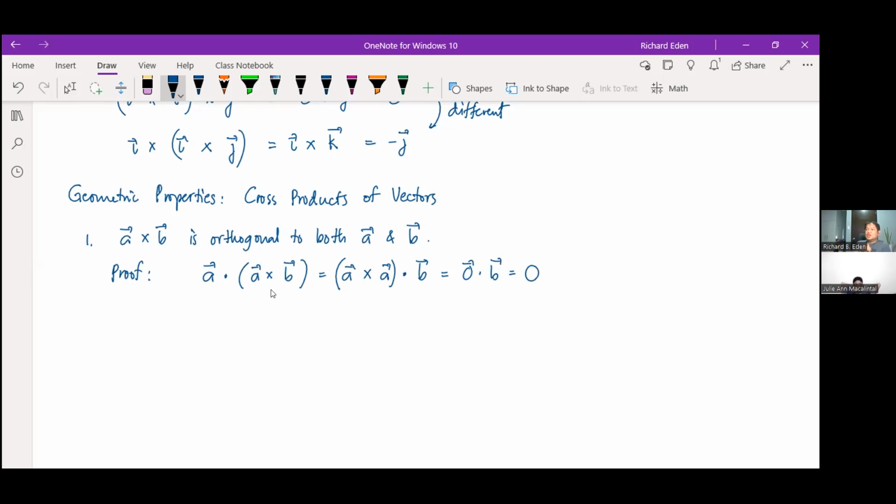Therefore, A cross B is perpendicular to the vector A.